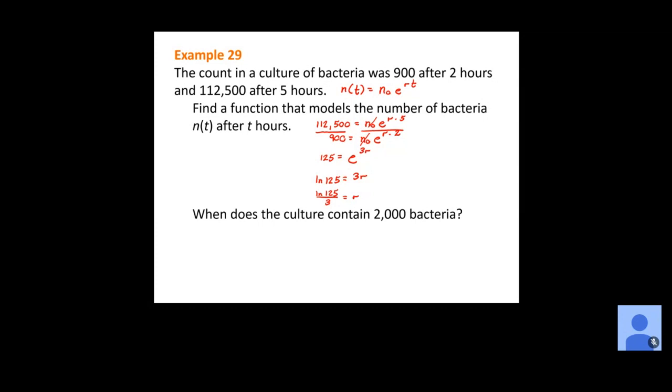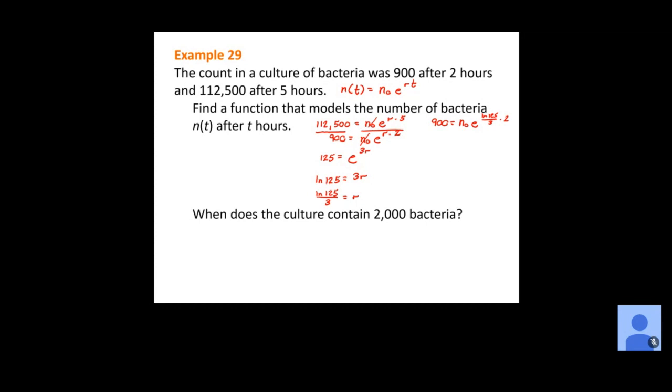All right, now we just got to take the r value, plug it back in, and we can solve for n sub 0. I'm going to use the 900 equation here, so I'm going to go 900 equals n sub 0 e to the natural log 125 over 3 times 2. And at that point, we have all of this stuff here that's a number.